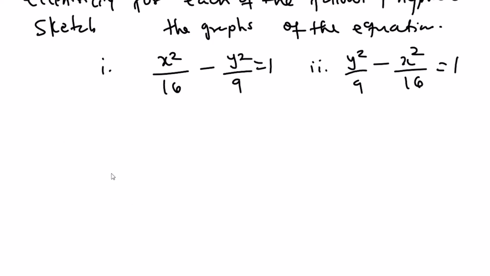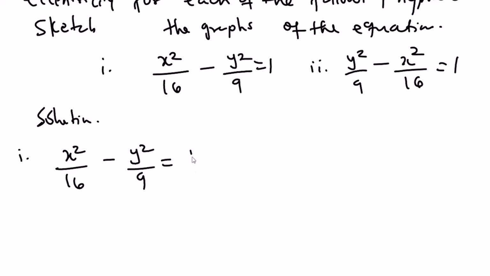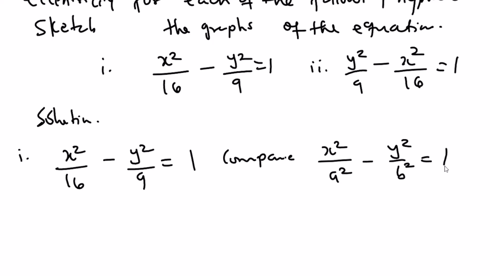So let's start with the first question. Solution: we have x squared divided by 16 minus y squared divided by 9 equal to 1. Now you can compare this. This is in the form x squared on a squared minus y squared on b squared equal to 1.